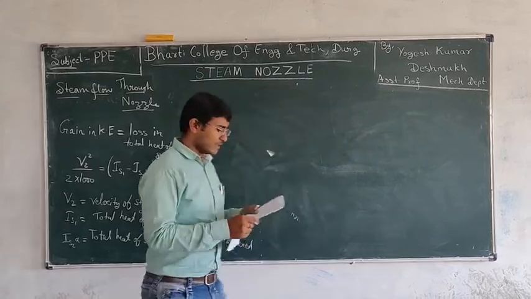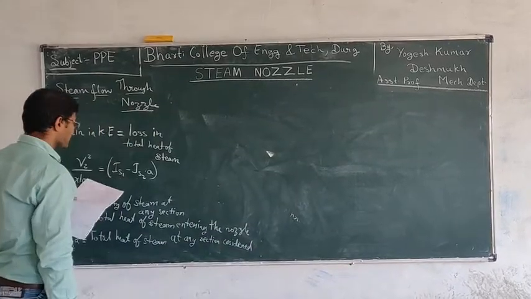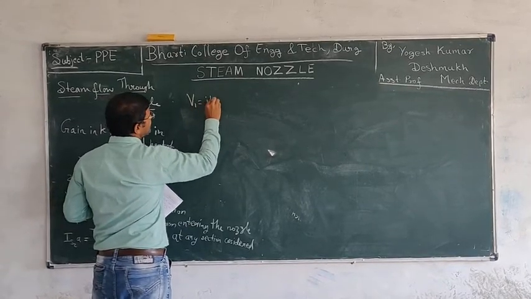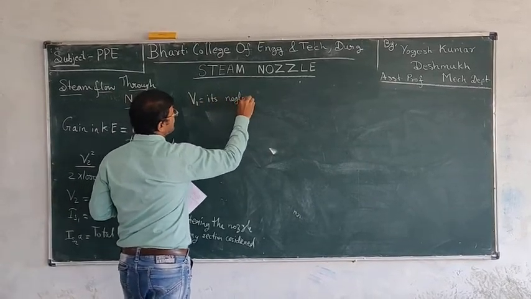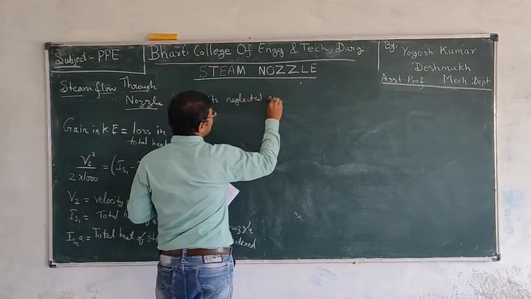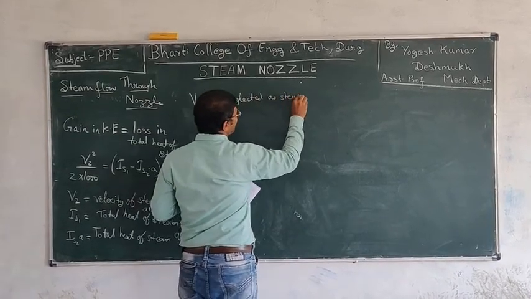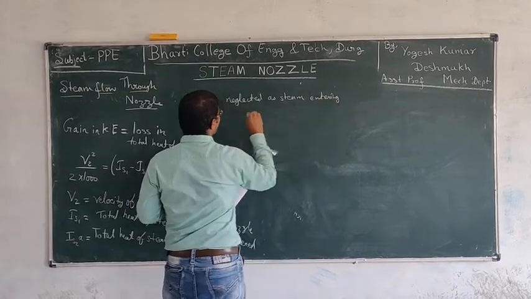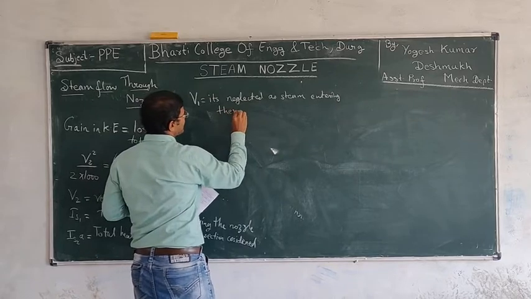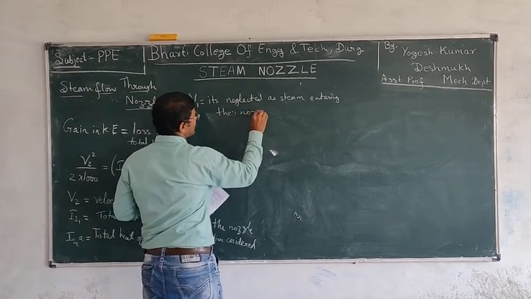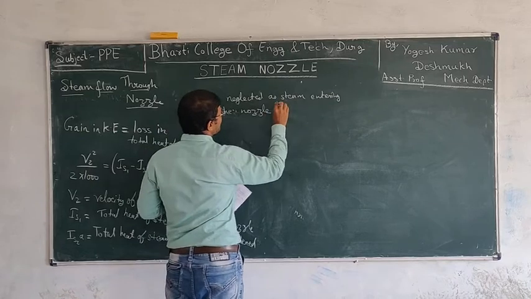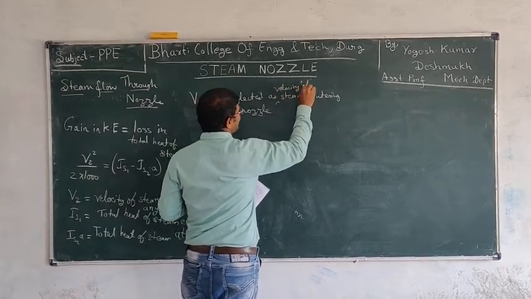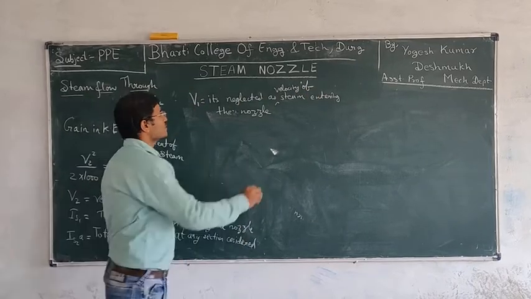Here we have not taken V1, because it is neglected, the velocity of steam entering the nozzle.